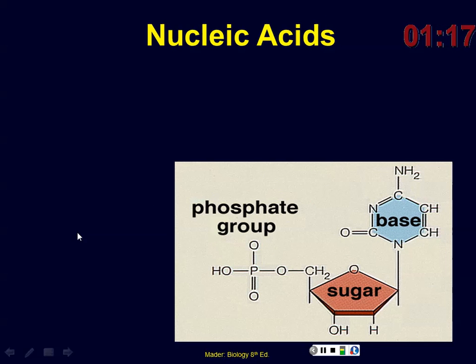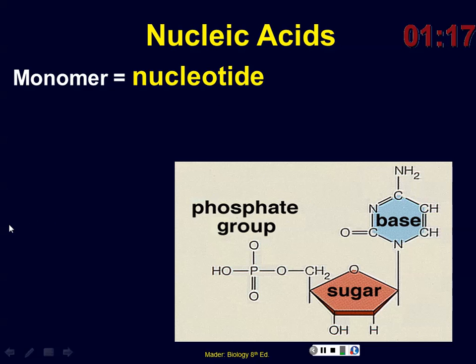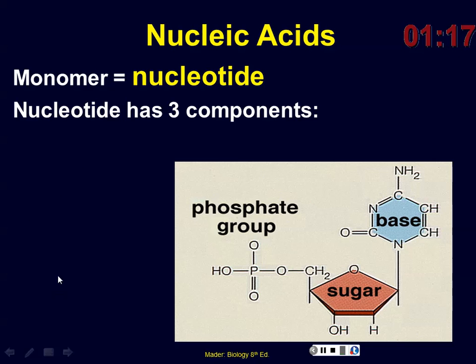The monomer of a nucleic acid is called a nucleotide. These are the building blocks of nucleic acids. They bond together to form the nucleic acid. Every nucleotide has 3 components, 3 parts. It's going to have a nitrogen base, which is this area right there.